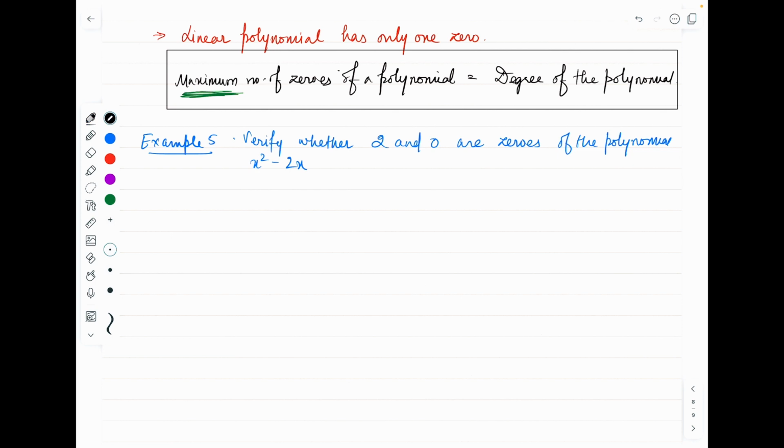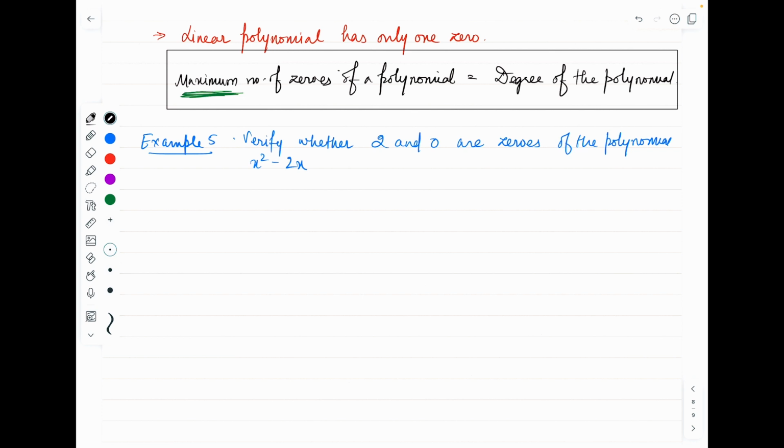Okay, see, there are two ways to verify. Here the values 2 and 0 are given. You have to verify whether 2 and 0 are zeros of the polynomial or not. So you put the values in that polynomial. If the value of the polynomial comes as 0, then it is a zero of the polynomial. If it doesn't come as 0, it is not a zero of the polynomial.